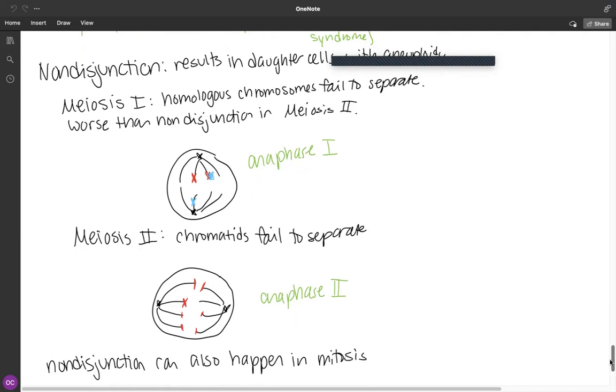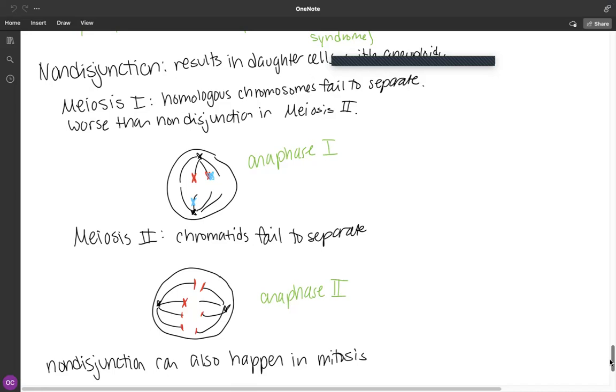So in meiosis one, if we would have non-disjunction there, this is during anaphase one, so the homologous chromosomes fail to separate. And this is worse than non-disjunction in meiosis two, because if you think about it, the earlier that problems happen in meiosis, the more subsequent steps are going to have problems.